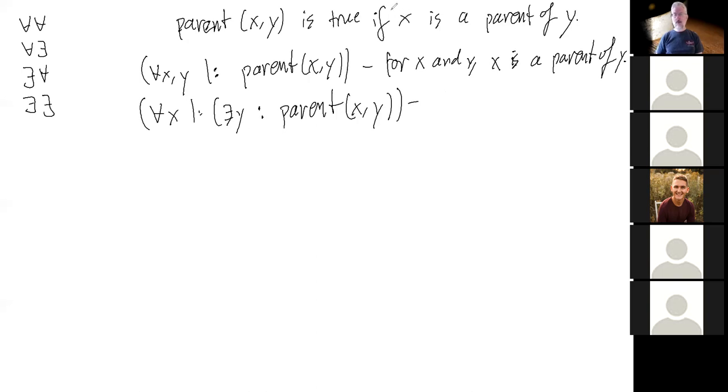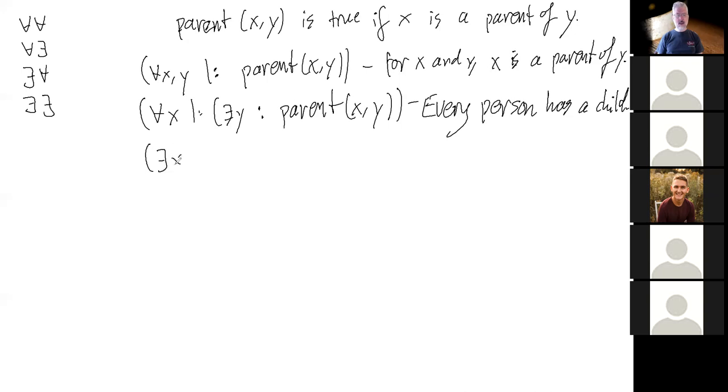Other way around, because parent X Y is true if X is a parent of Y. So we're saying for every person, there is out there someone who is their child. Does that make sense? Yeah, so here we're saying every person has a child, which is also false. Lots of people don't have kids. Not true, okay? Questions about that?